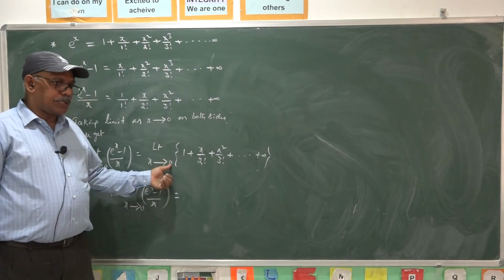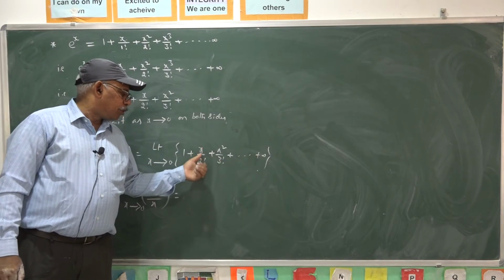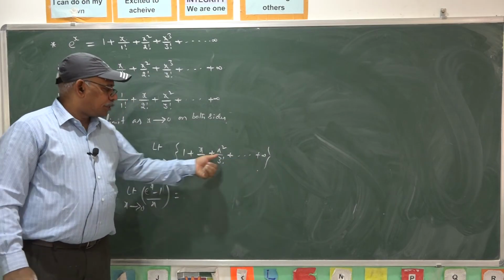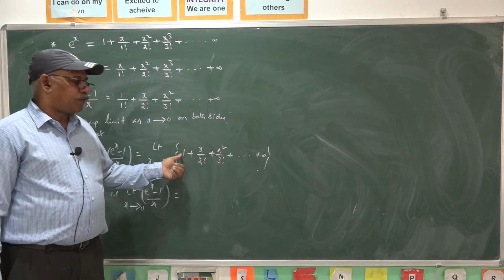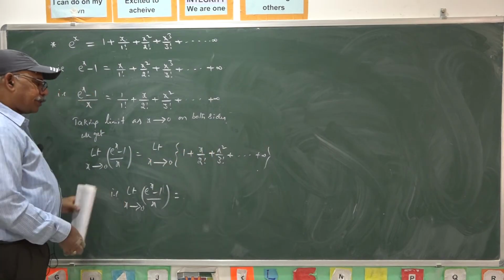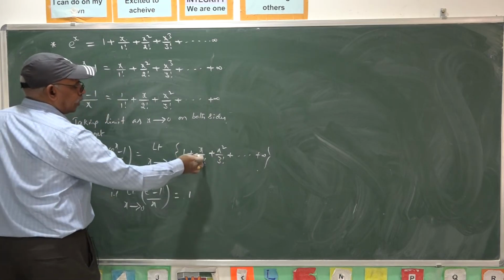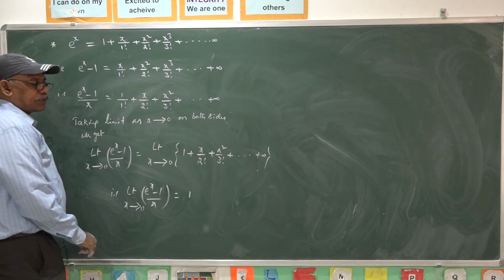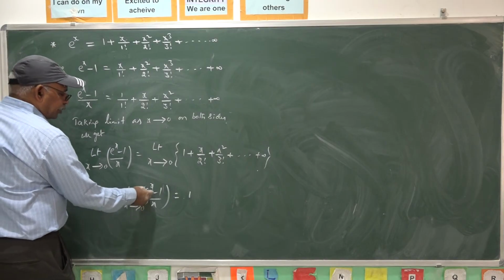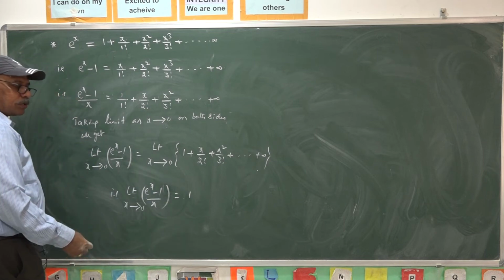As x is nearing 0, all these terms become 0 clearly. 0 by 2 factorial, 0 by 3 factorial, everything becomes 0, because the remaining terms, except the first term, involve x. So, we get 1 only, because all the remaining terms become zeros. Hence, limit as x goes to 0, (e power x minus 1) by x is always equal to 1.